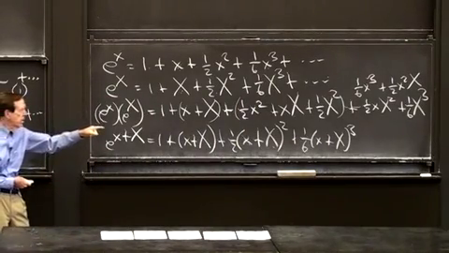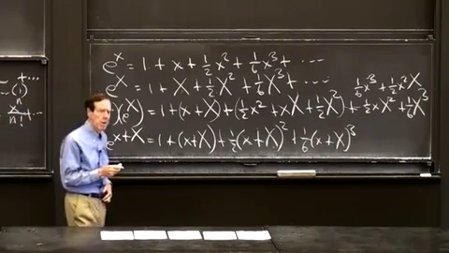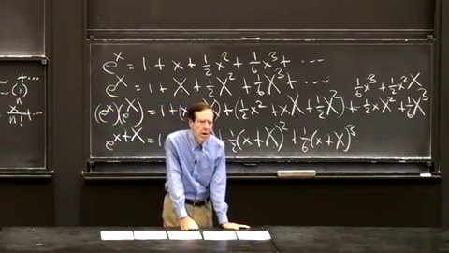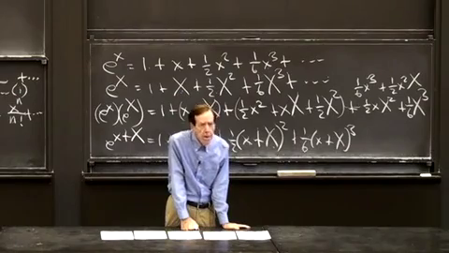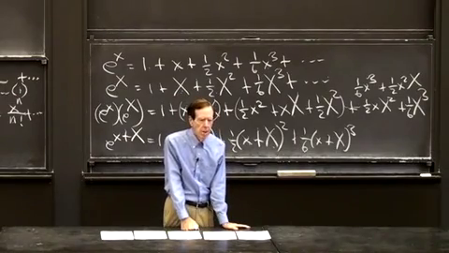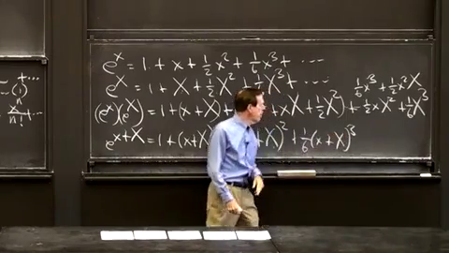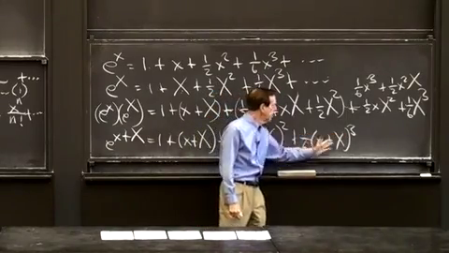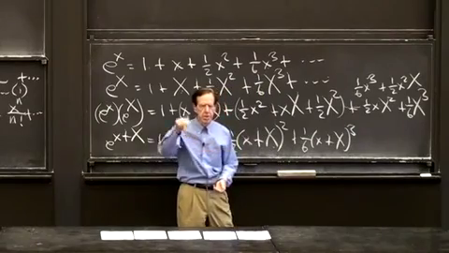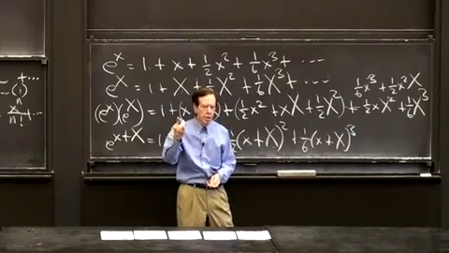If we cube this thing, do you remember the right words to say now? Binomial theorem. The binomial theorem tells you how to take the nth power of a sum, like x plus capital X, to the nth power.